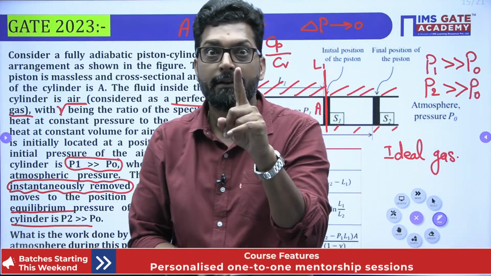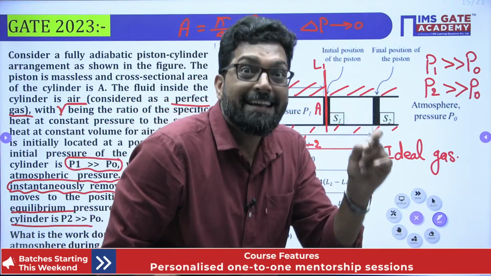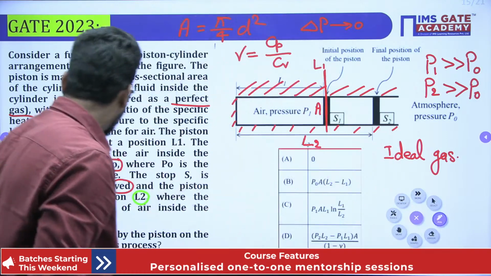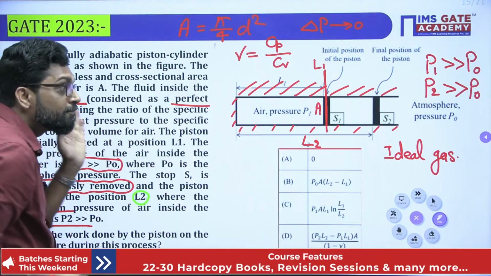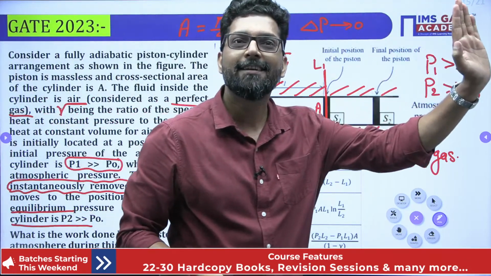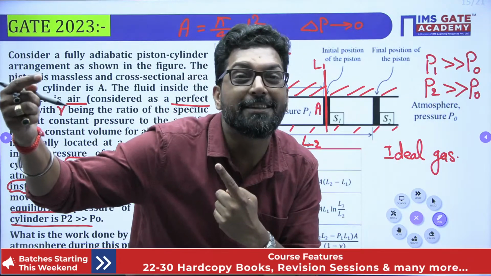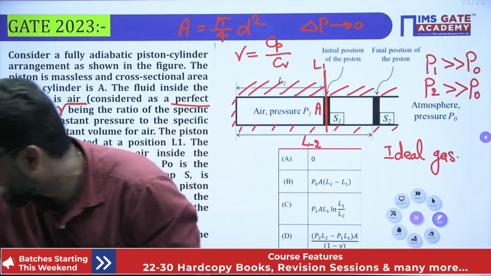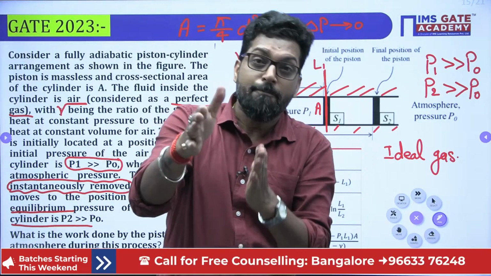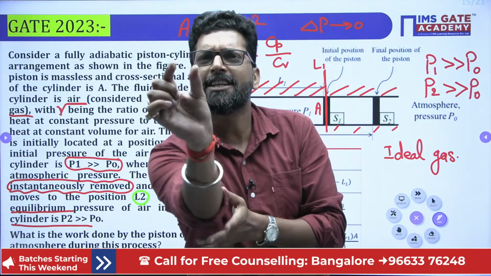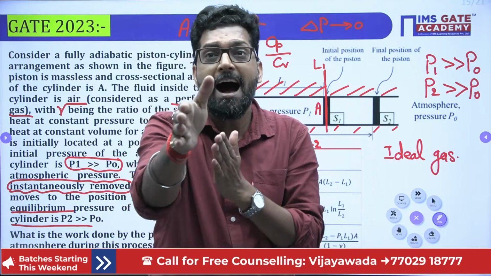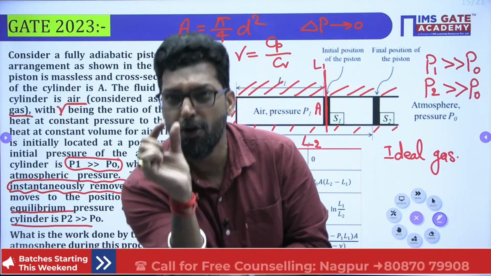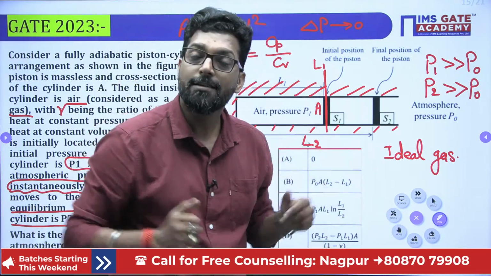Think like that. Students have some confusion here, that sir, when the piston is instantaneously removed, there must be a fast movement, so it may be an irreversible process. But my dear, if the movement is very fast but the displacement is very low, you don't consider it irreversible.